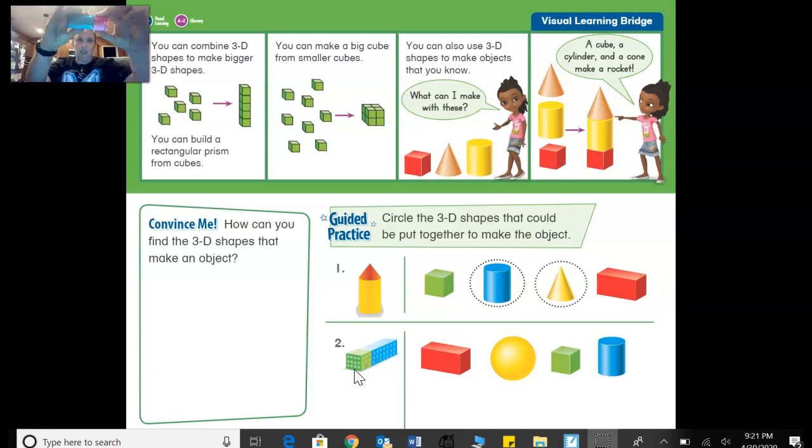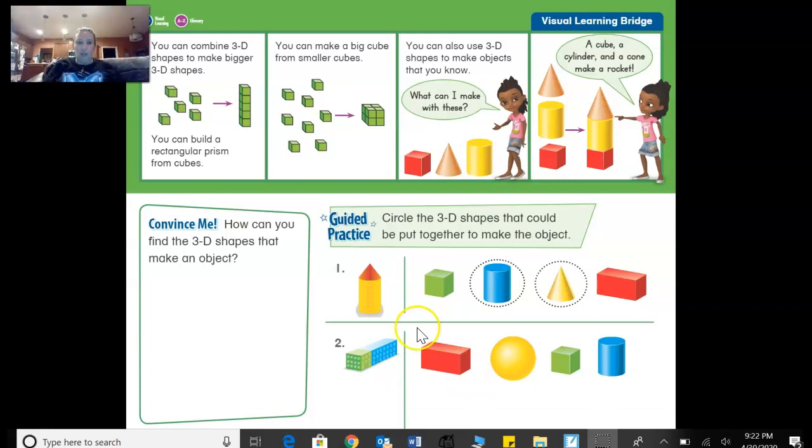Maybe in this direction or another direction. What are these two shapes? What's this? It's a rectangular prism, right? And this is a cube, like dice. I could roll it, right?